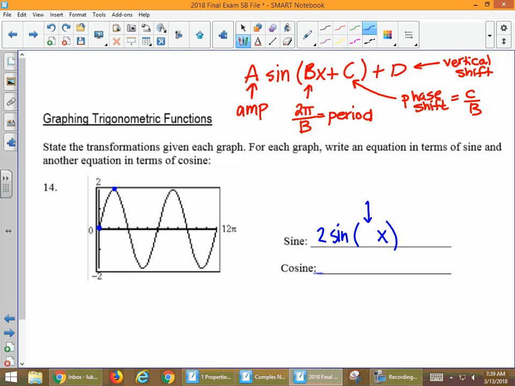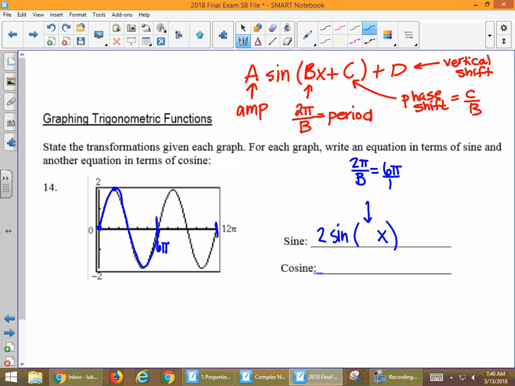So I have 2 cycles on my picture. 2 cycles is 12 pi, which means 1 period of the function is 6 pi. Again, for a period of the function for sine, we're looking for a cycle above our midline and below our midline. So 2 pi divided by b is equal to the period of our function. The period of our function is 6 pi.